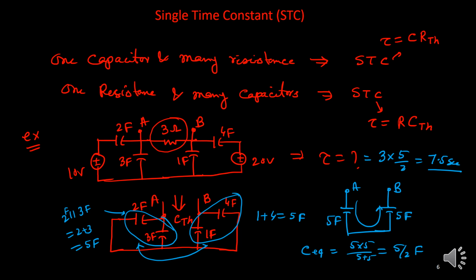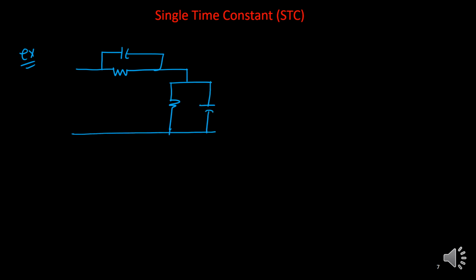Now we can consider a more complicated example. So I'll take one more example. Can you understand this thing? If I have this kind of circuit, this is one voltage source, 10 volt is connected here.